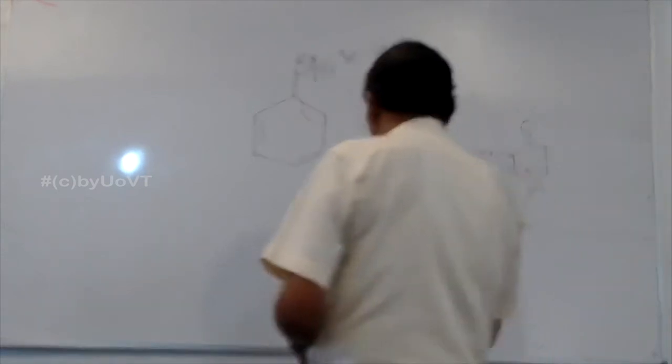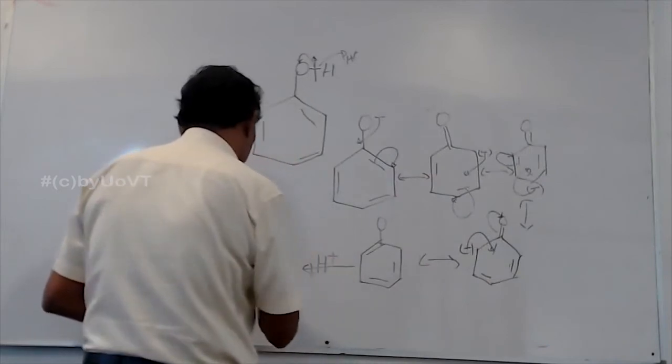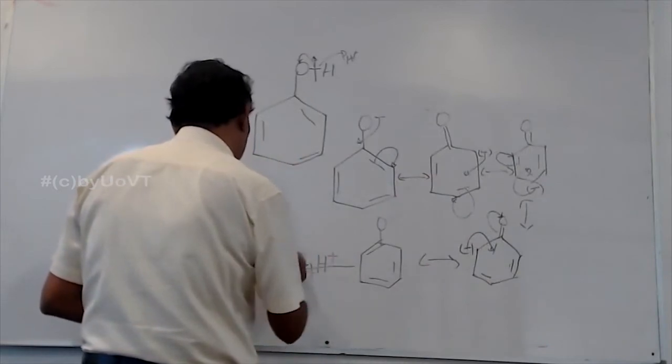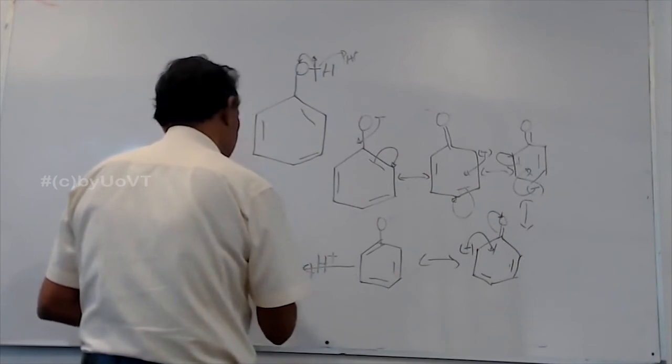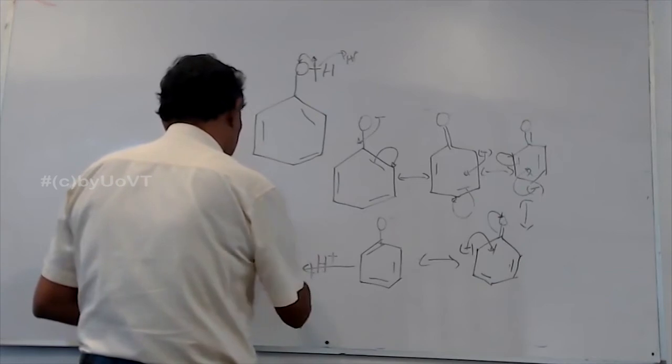Then, as the next step, joining with the hydrogen again, the formation of a ketone can happen, but with different electron configurations.